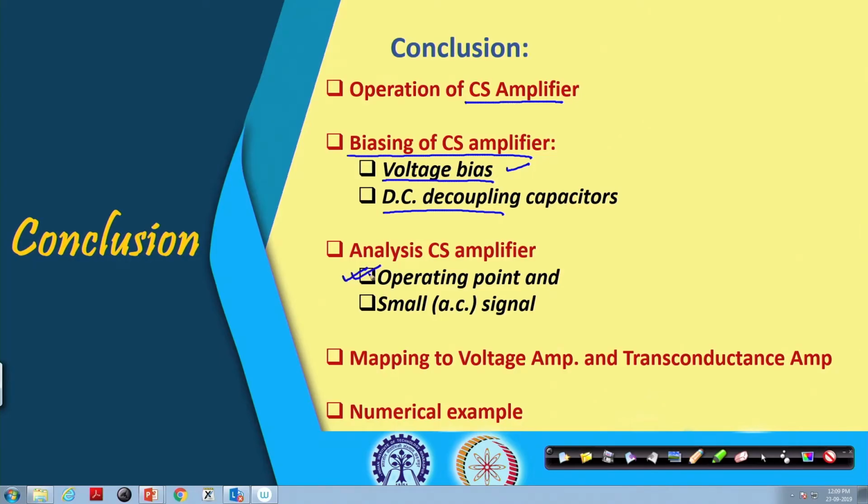So, we have the MOS transistor replaced by an equivalent circuit, which represents the equation for IDS in terms of VGS.